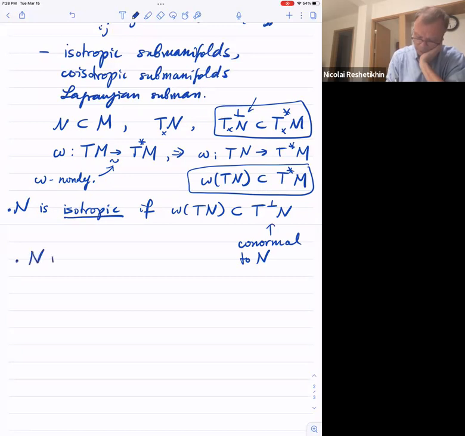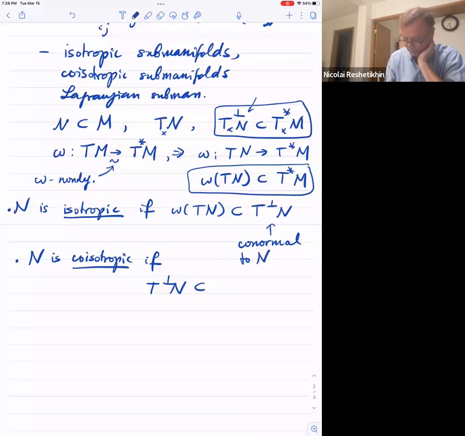The second notion is N is coisotropic if this conormal bundle is a subbundle in omega TN.